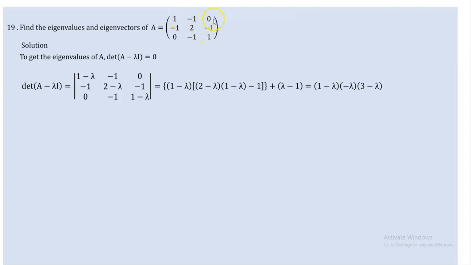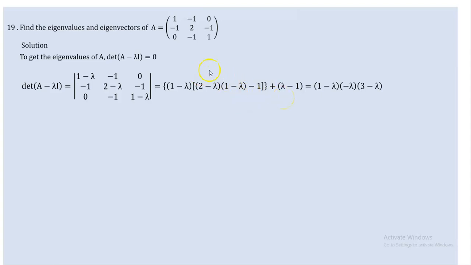So you take the other elements as they are: 1 minus lambda, 2 minus lambda, 1 minus lambda are labeled here, but the rest are taken as they are. Remember, students, we have seen how we can calculate the determinant of a 3 by 3 matrix. So applying that, you can come across such an output.